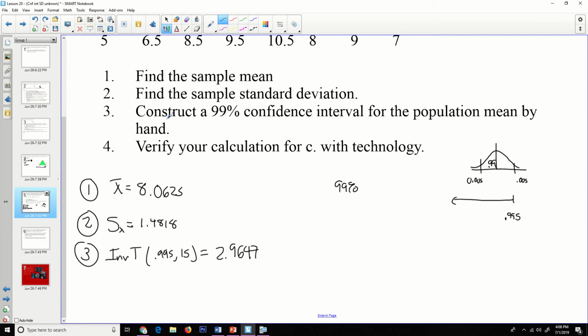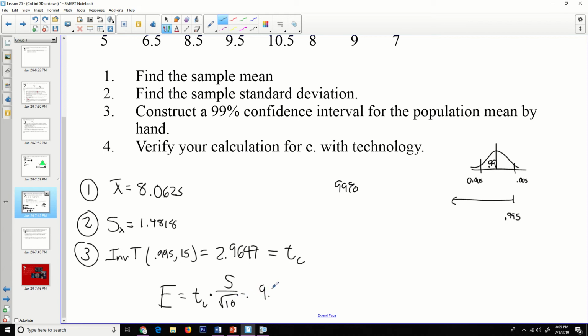2.9647. Now that I've figured out my critical t sub c, I can find my margin of error, which, we recall from the previous one, is t sub c times the standard deviation divided by the square root of the sample size.